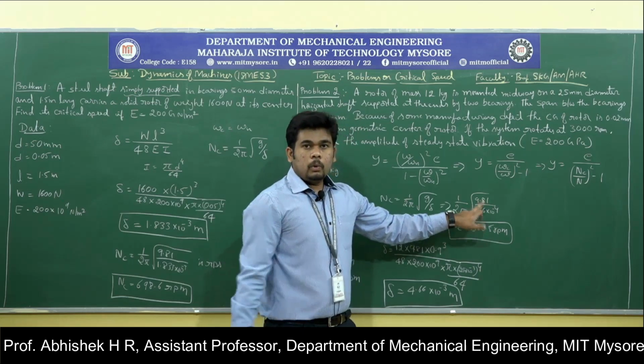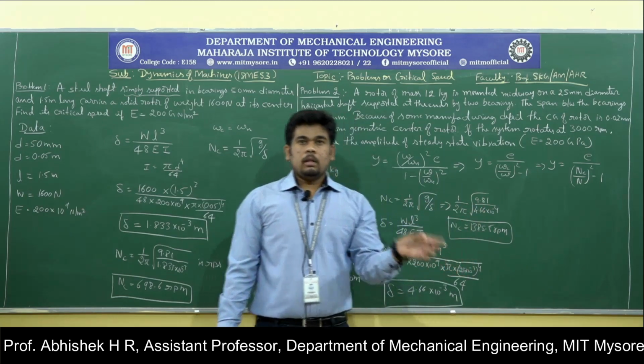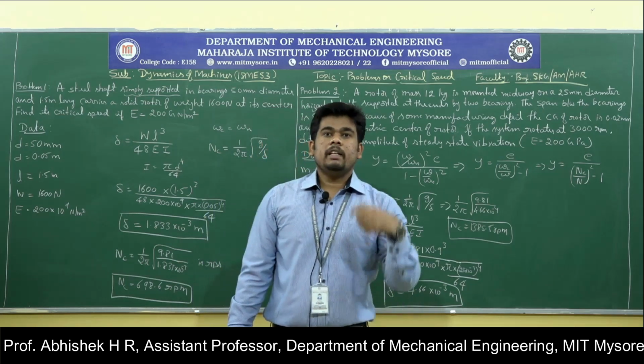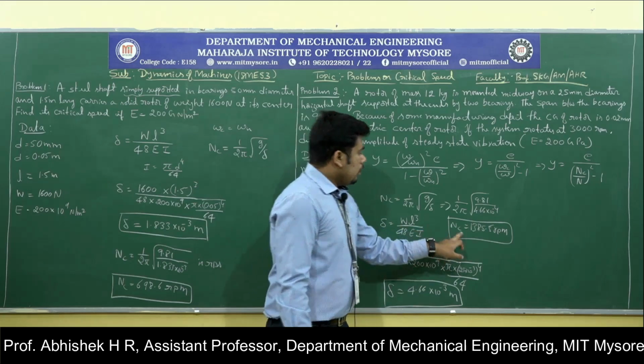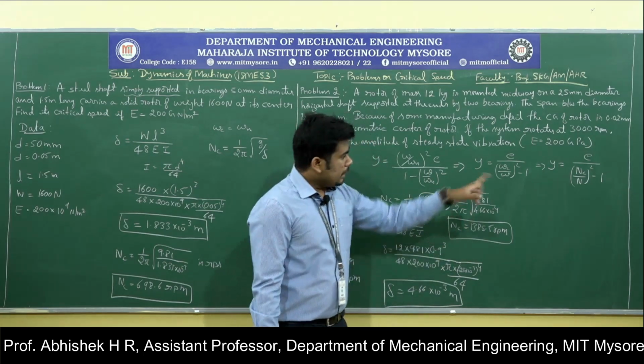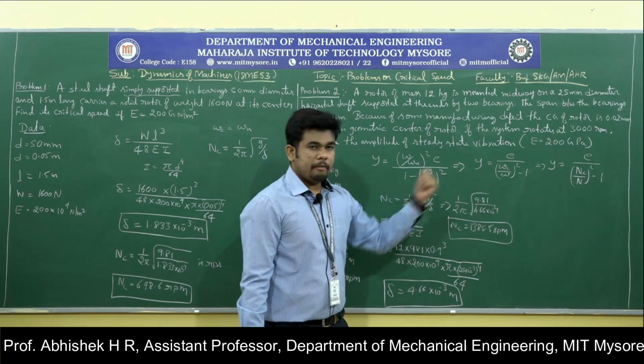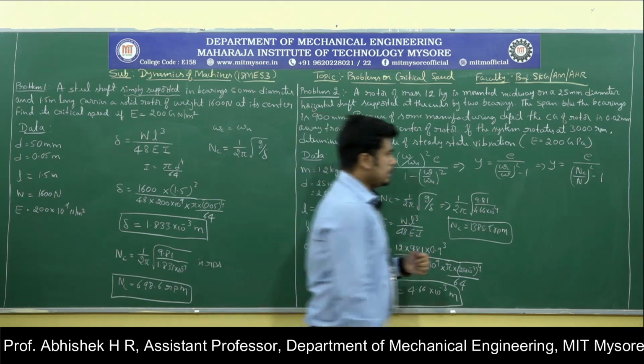While calculating, you will get the answer in RPS, and multiply that answer with 60 so you will get it in RPM. Now I have the two values Nc and N, so I can easily find the amplitude of the steady state vibration.